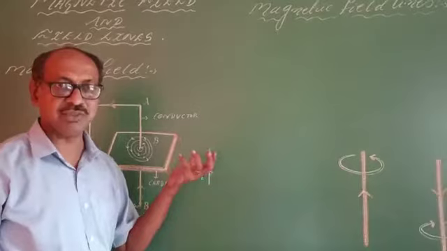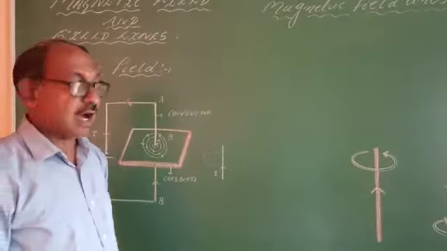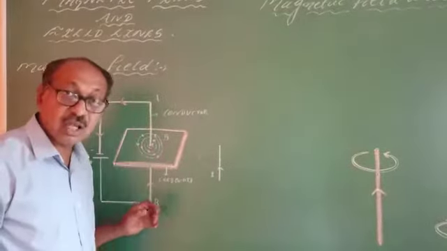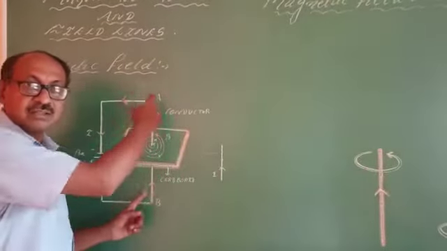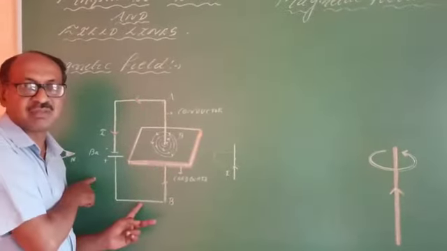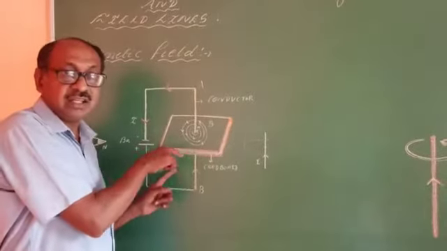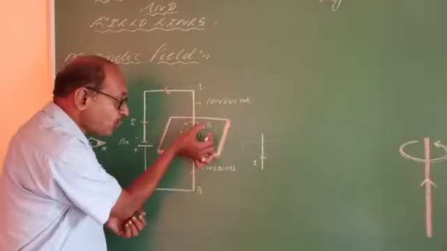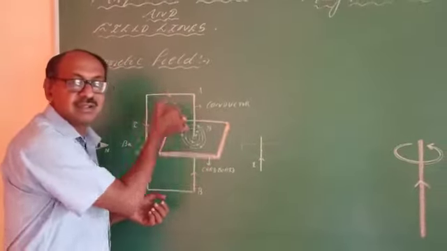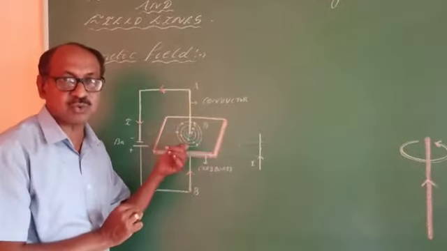So what is the magnetic field then? It is a region or a space around a magnet, or the conductor carrying the current, where there is a presence of a magnetic force.